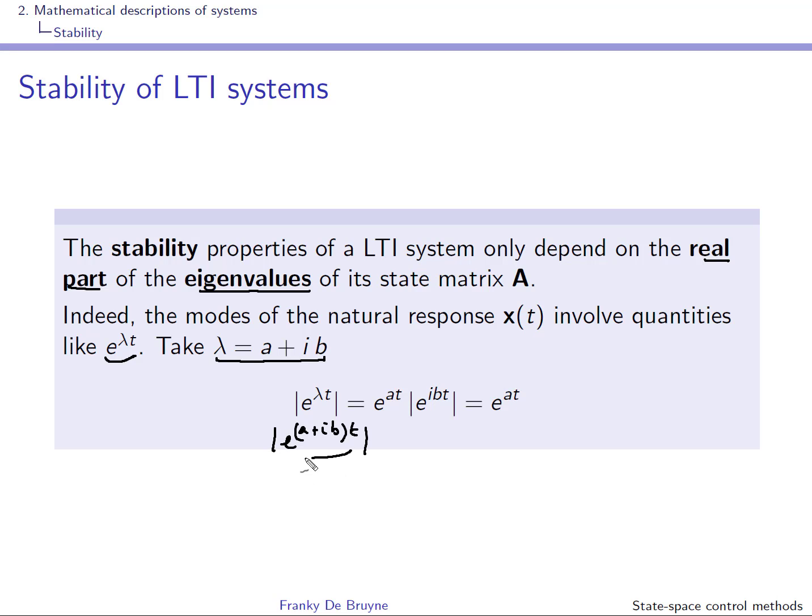This can be rewritten as e to the at times e to the ibt. You take the magnitude, and this results in this quantity over here, because this is always positive, right? And you know that this is living on the unit circle, so its magnitude is, of course, always 1. So you see here that the magnitude of e to the lambda t, the mode, only depends on the real part of the eigenvalue.